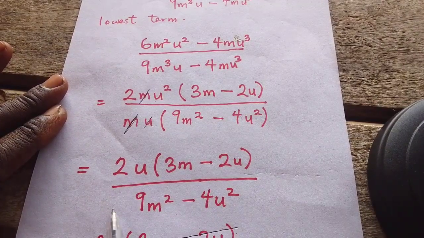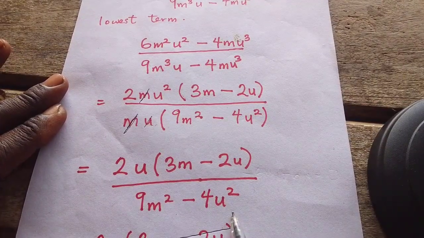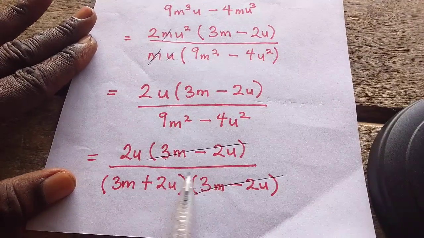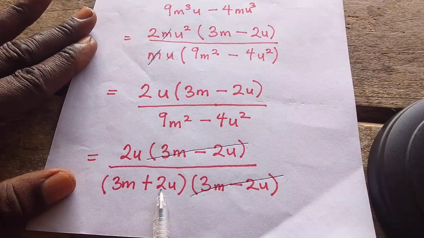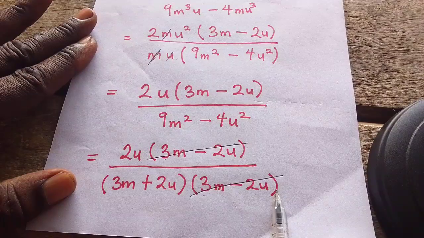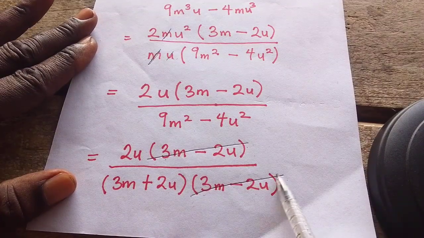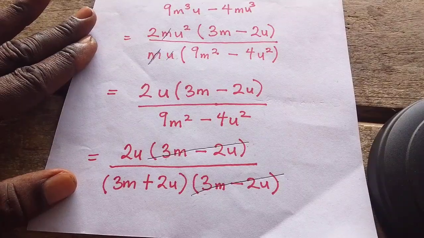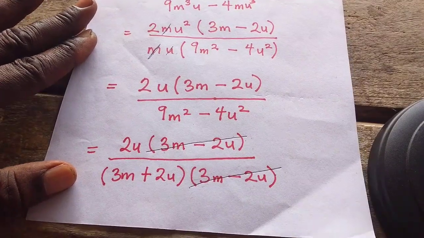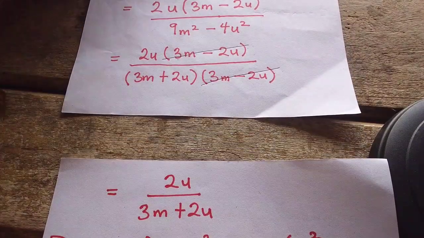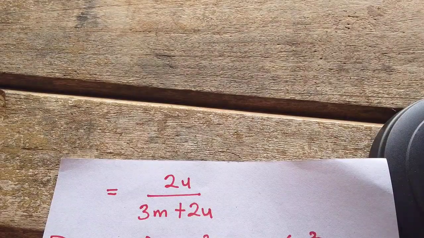Now you can factorize this denominator. When you factorize this denominator, you are going to have 3m plus 2u times 3m minus 2u. So you realize that since in the numerator you are having 3m minus 2u, this one and this one will cancel out. So that means you will now be left with 2u over 3m plus 2u.